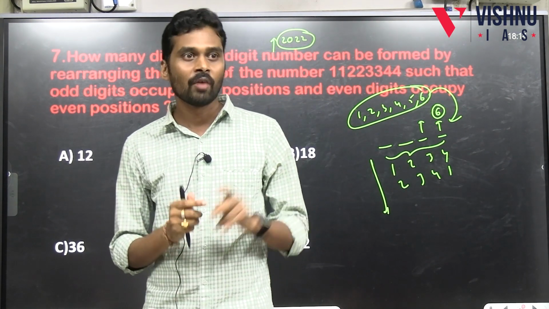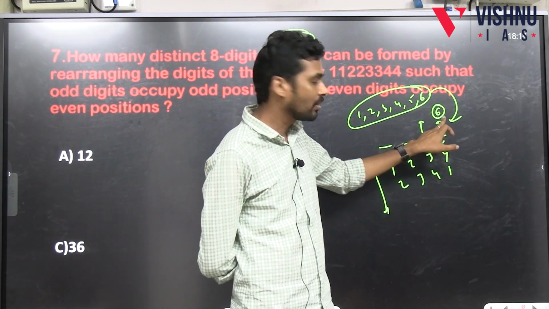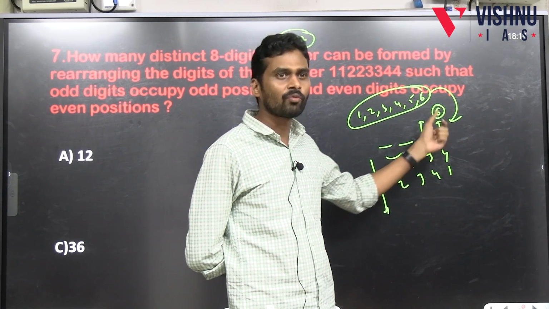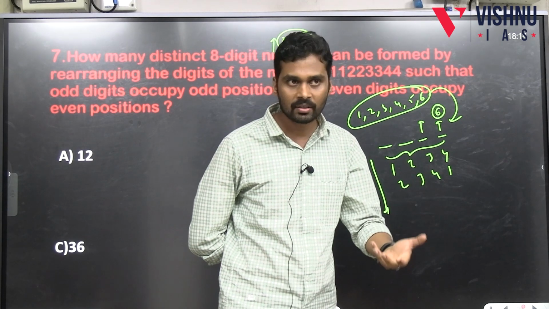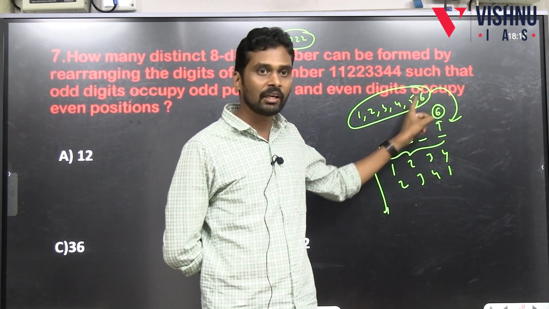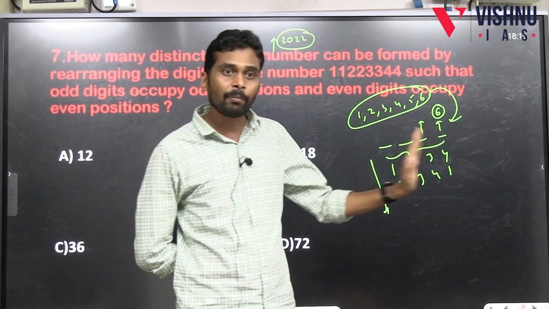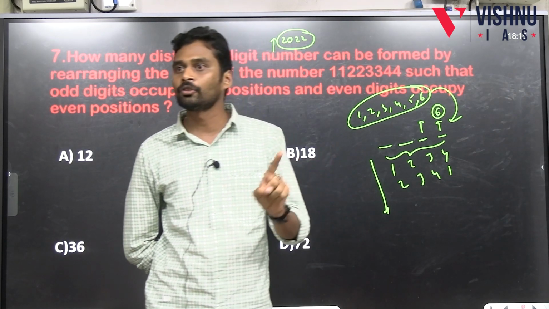Repetition allowed means that we can use the same digit any number of times. If repetition is allowed, then again you will get 6 choices each time. If repetition is not allowed, which means that the number should not be repeated.